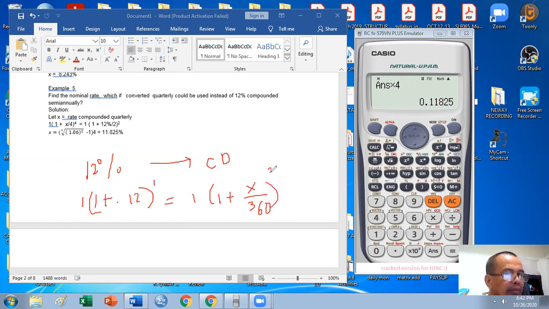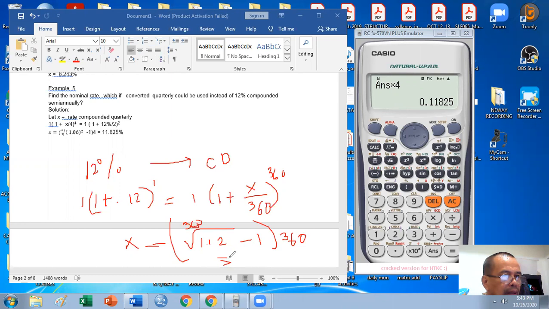So you're looking for x there. What will be your x? Your x is the 360 root of 1.12 minus 1 times 360.